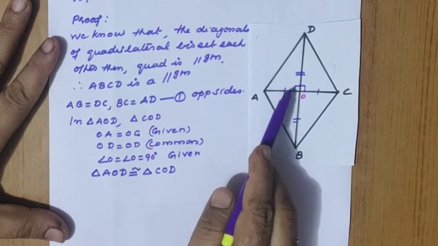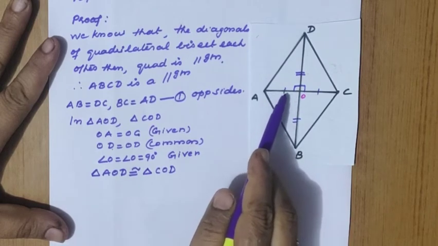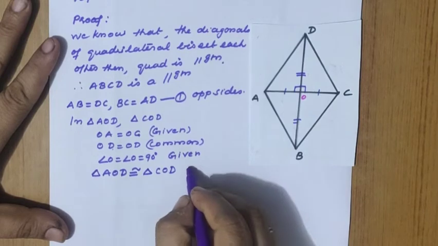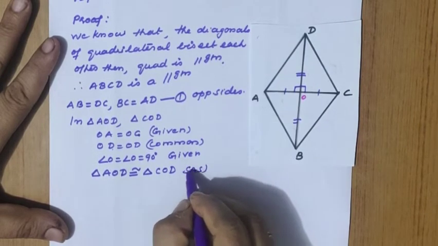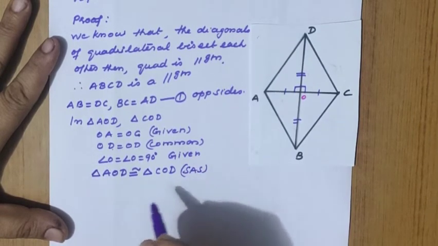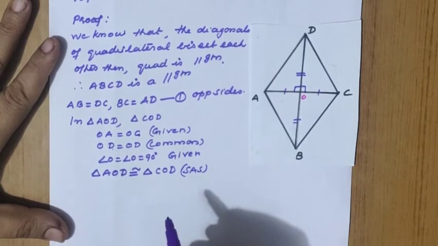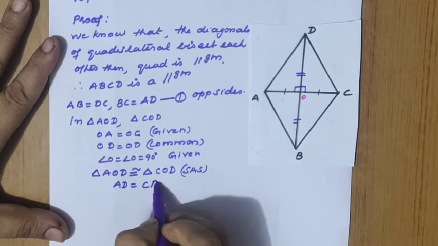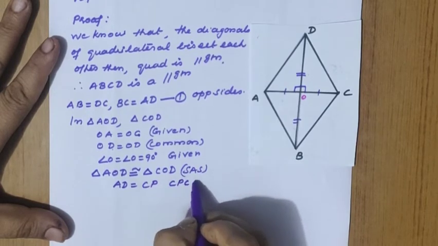So AOD is the first triangle we have taken. In that, the first equal side and the second equal side, and the included angle. So by SAS criteria, these two triangles are congruent. Now what we have to prove? Adjacent sides are also equal. So AD equal to CD by CPCT.